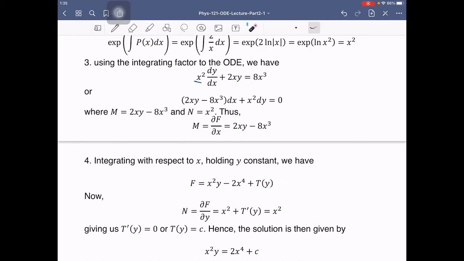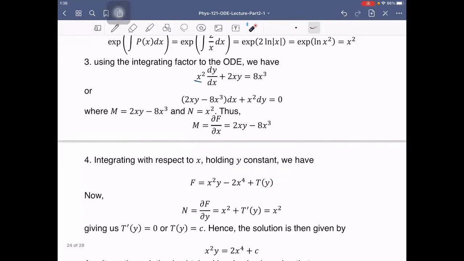Right? So because our N is the partial of f with respect to y, we can take that by taking the derivative of what we obtained here with respect to y. No? So this is it. Okay? So this is partial y. So this whole thing, you take the partial with respect to y.